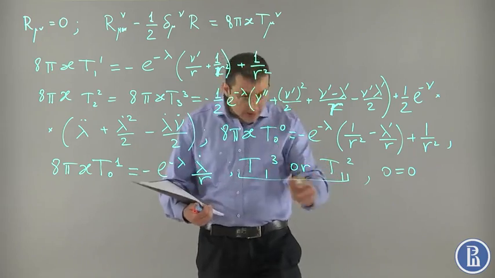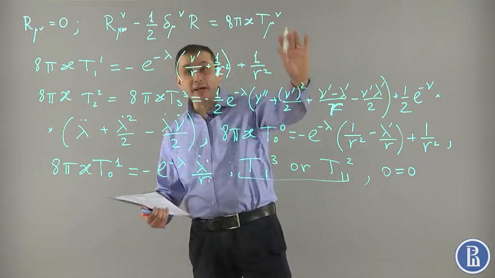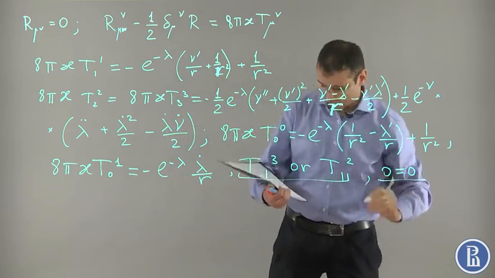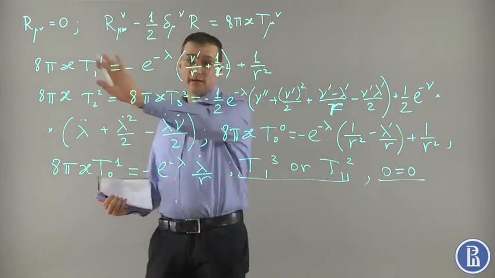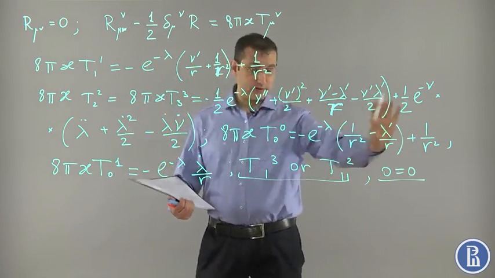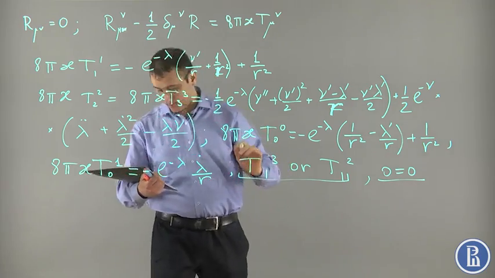So if we put the other components of the energy momentum tensor to 0, the other components of Einstein equations are trivially satisfied, like this.